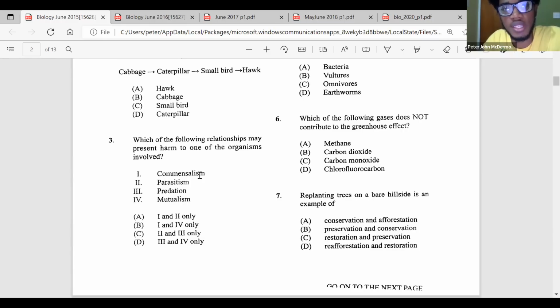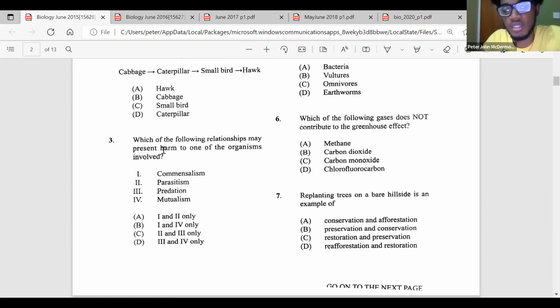Parasitism, example of that is a flea and a dog, maybe. What do we notice there? We notice that only one organism is really benefiting, and that's the flea. The dog is not benefiting in that relationship and could actually be exposed to diseases, hence harm. Predation, what's that?